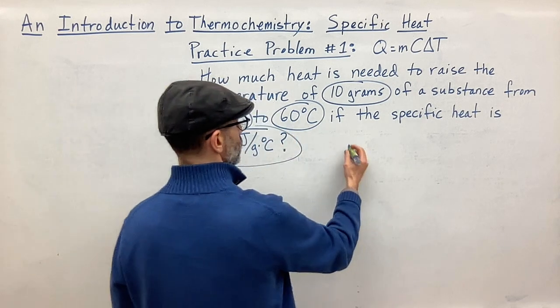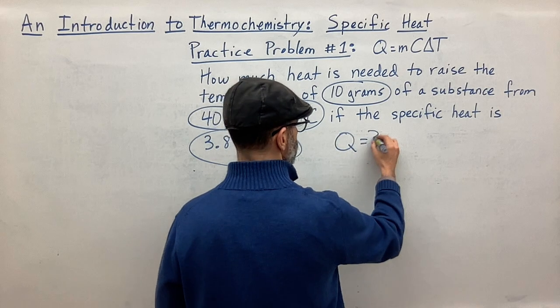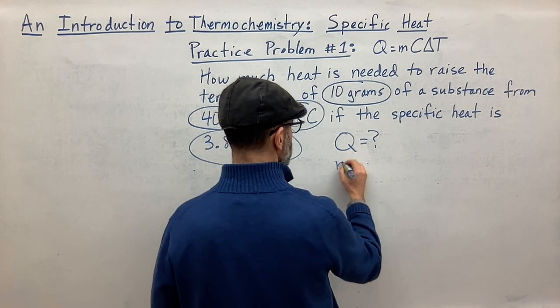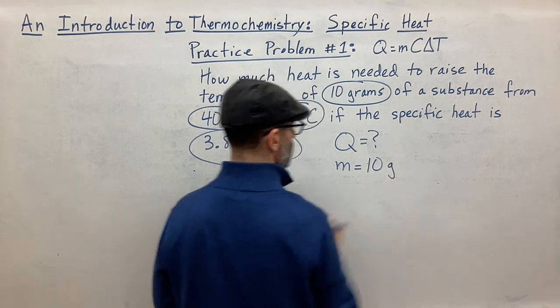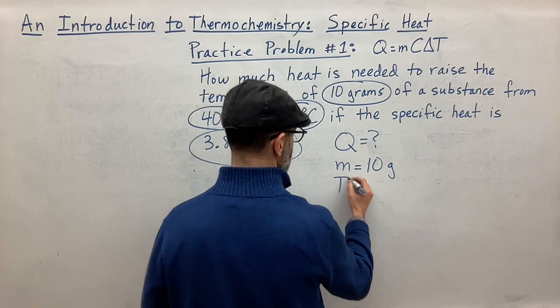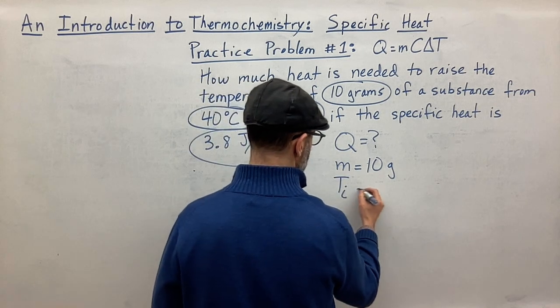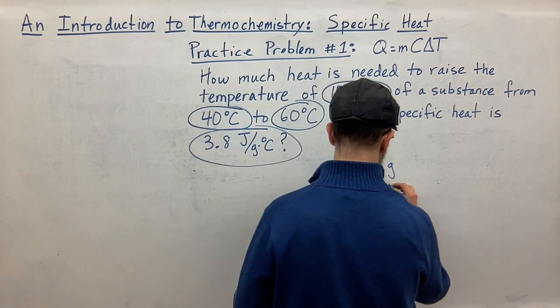So let's list this. We want to find Q. Q is what we're looking for. We know our mass: the mass is 10 grams. We know the initial temperature, T sub I, and that's 40 degrees Celsius.